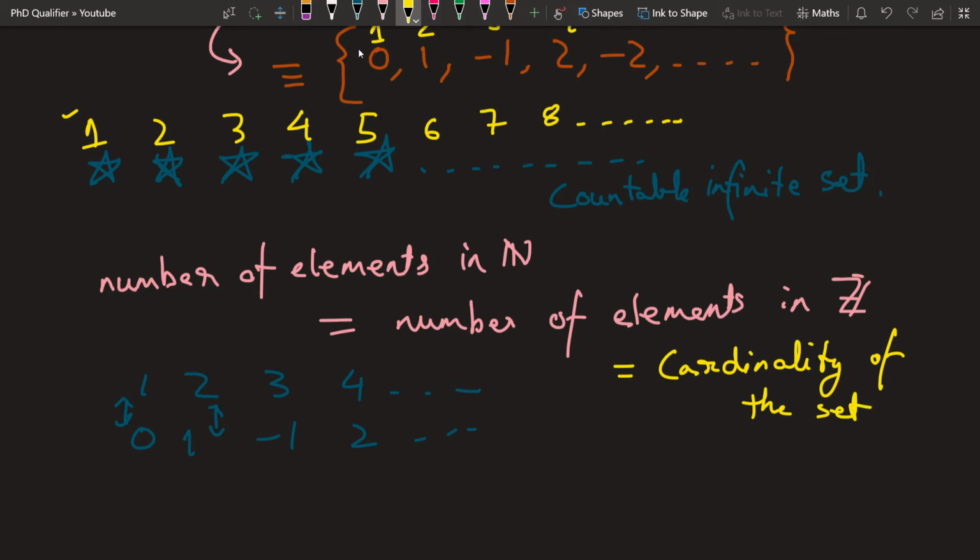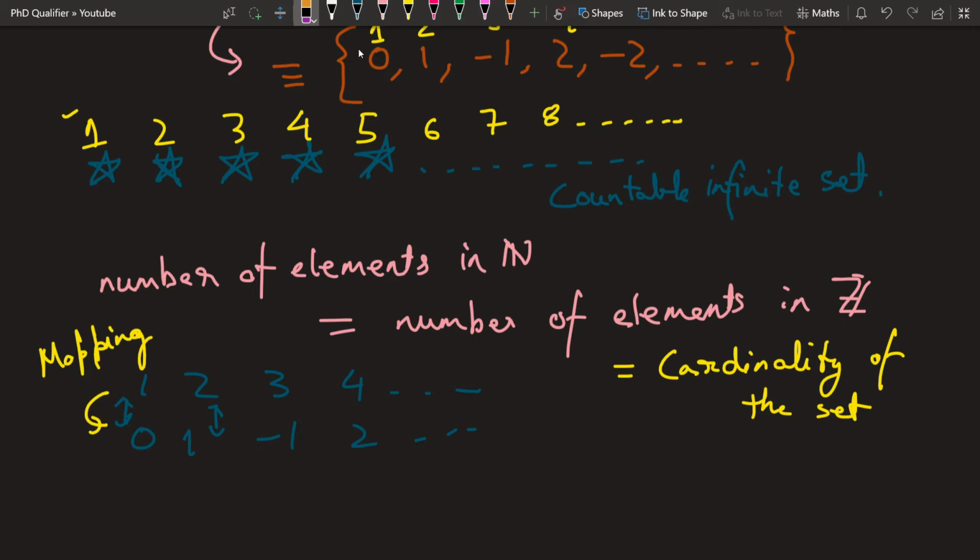And the way we are corresponding element by element, this correspondence is called mapping. When we do mapping, we actually correspond from one set to the other. For example, we are corresponding the natural numbers to the integers.